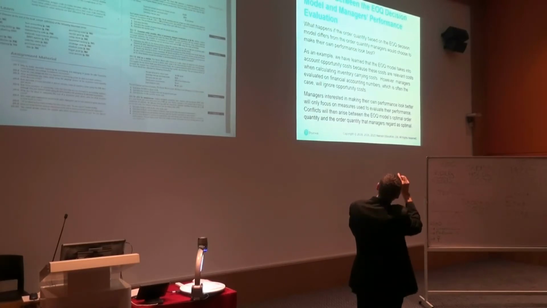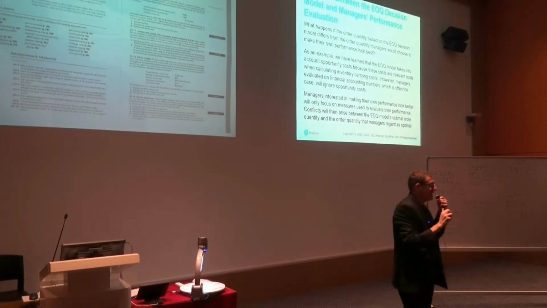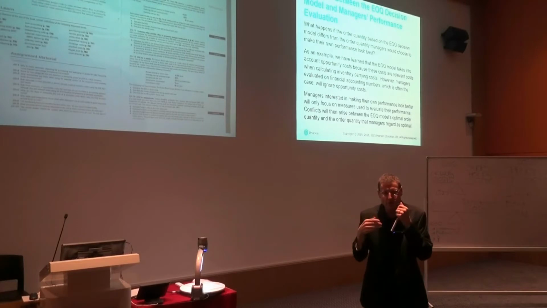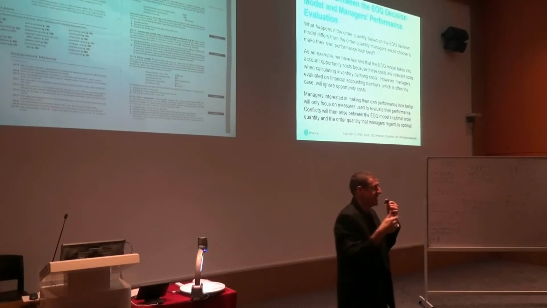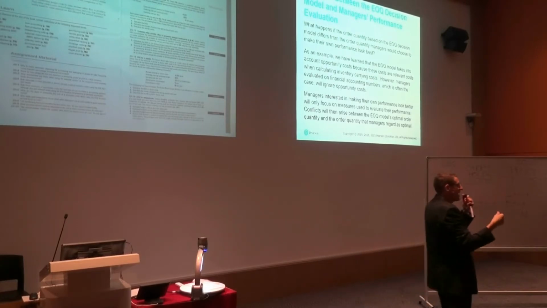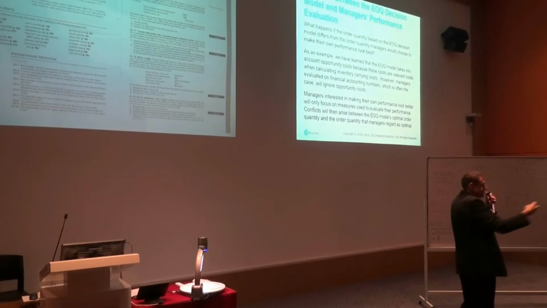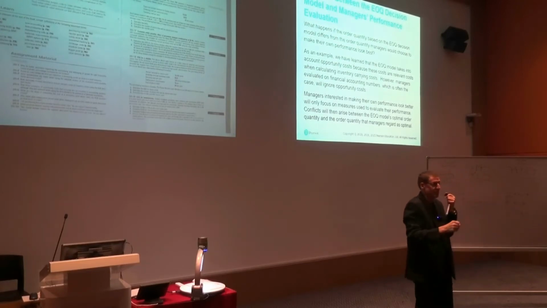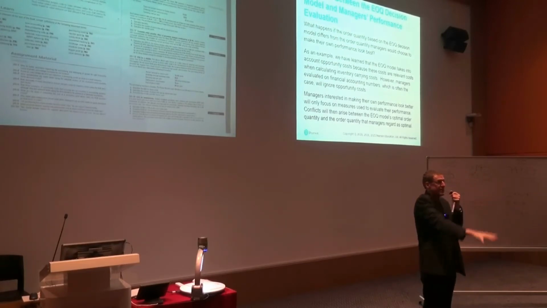What happens if the order quantity based on the EOQ decision differs from the order quantity managers would choose to make their own performance look best? Maybe procurement managers, that is managers who are in charge of sourcing materials, know the supply network and which suppliers to get from.